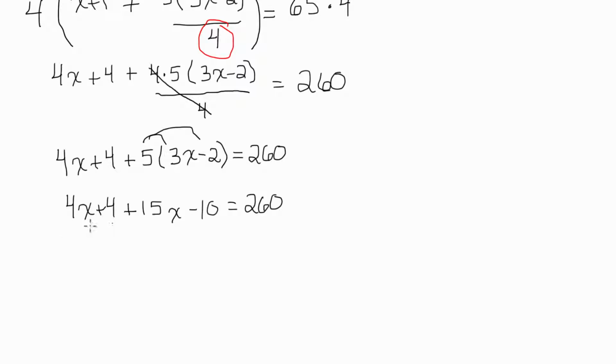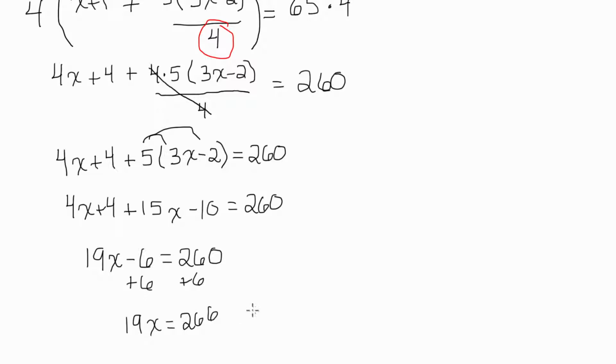So combine like terms. I got a 4x and a 15x. That's going to be 19x. And then it's going to be a positive 4 and negative 10, so it's going to be minus 6 equals 260. Add 6 to both sides. So 19x equals 266. Then I'm just going to come up here so I don't have to scroll that down again.